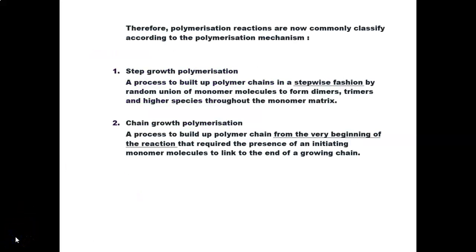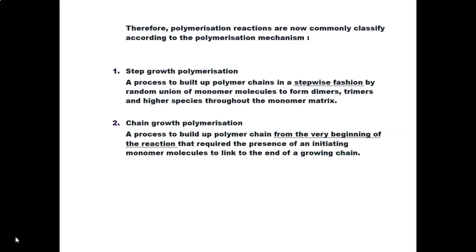Therefore, polymerization reactions are now commonly classified according to the polymerization mechanism, which are step growth polymerization and chain growth polymerization. So step growth polymerization is a process to build up polymer chains in a stepwise fashion by a random union of monomer molecules to form dimers, trimers, and higher species throughout the monomer matrix.